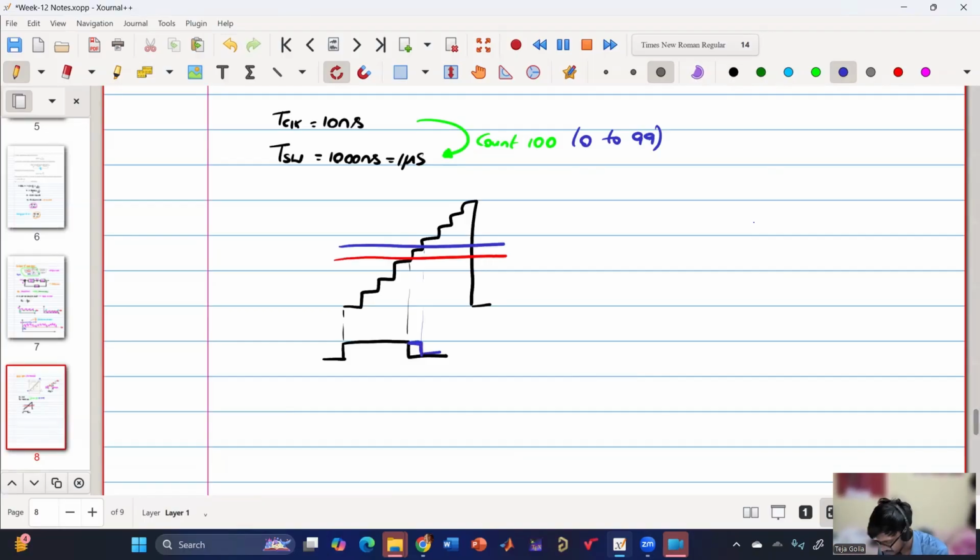If you see the duty ratio also in the horizontal scale, it's a multiple of T clock. So the minimum duty ratio delta D will be T clock by TSW, right? Because I cannot have infinite resolution for duty ratio.